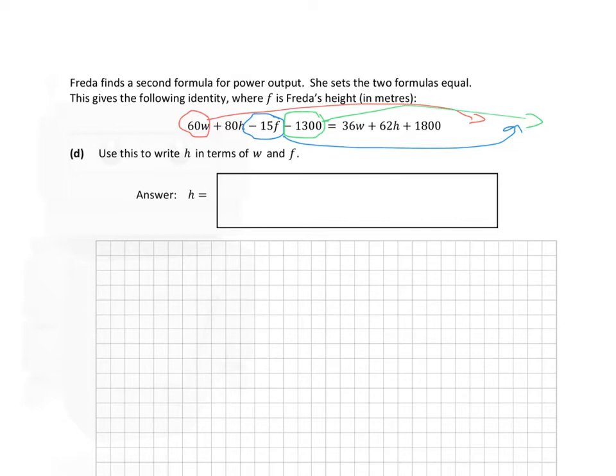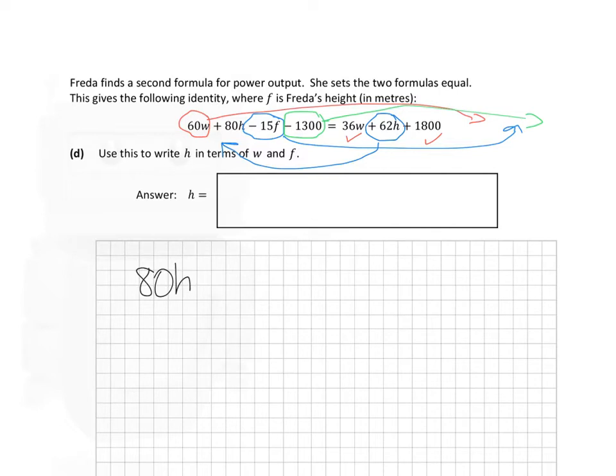Okay, now, so I'm happy with 36W on that side. I'm happy with 1800, but I need to bring the plus 62H over to this side. Okay, so let's have a look through it all. First one, 60W is going over there, so we ignore that. 80H is staying. Minus 15F is going over there.